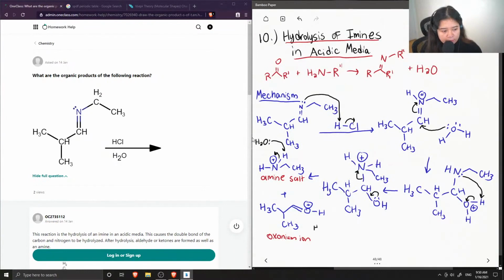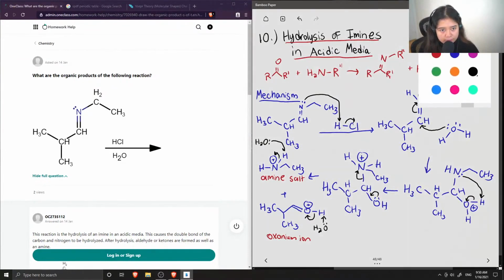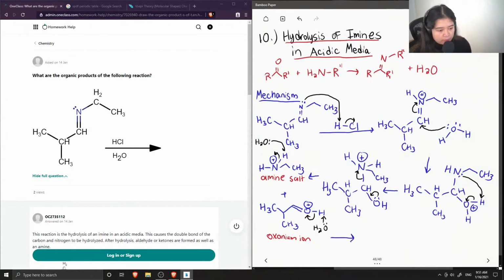So we can have a water coming in from there and another water coming in from here to give us our final products, which is this aldehyde group plus this amine.